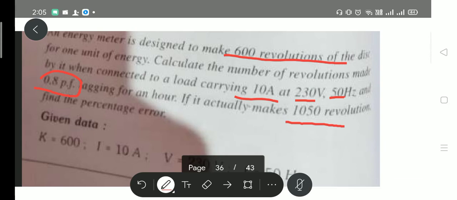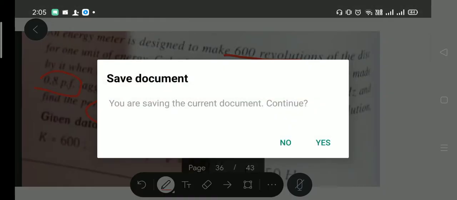So we can find the percentage error here. Okay, first you have to find the power.